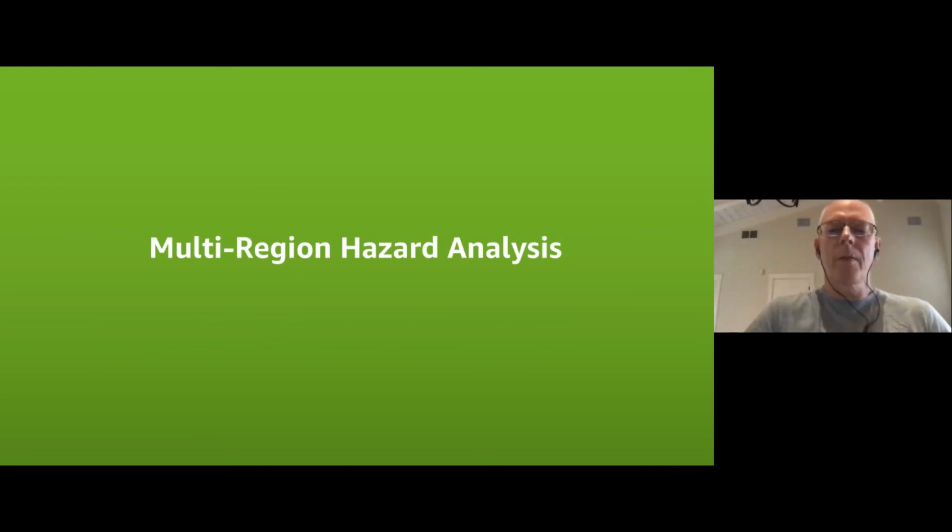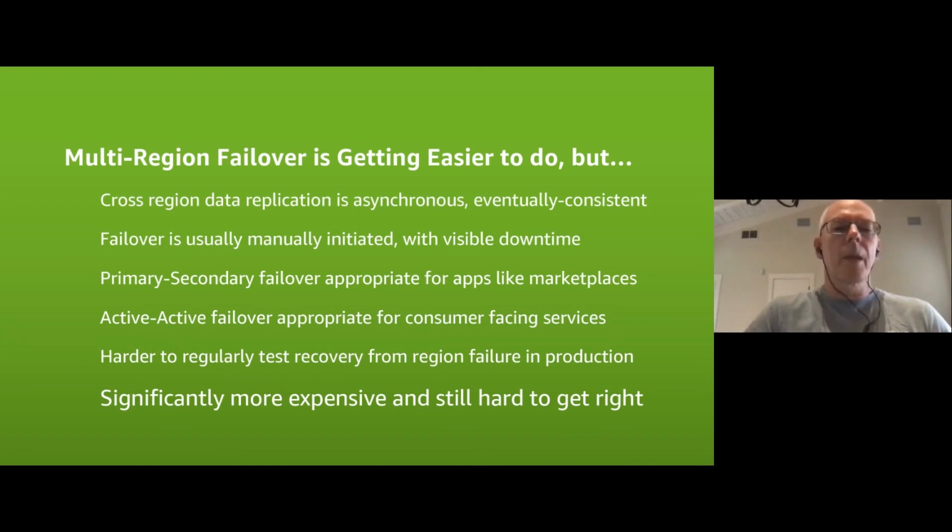If we look at multi-region, it's a slightly different situation because the cross-region replication is asynchronous and eventually consistent. And most people do manually initiated failover between primary and secondary regions. There's usually a visible downtime to do that, at least for the people in the region that's being failed over.